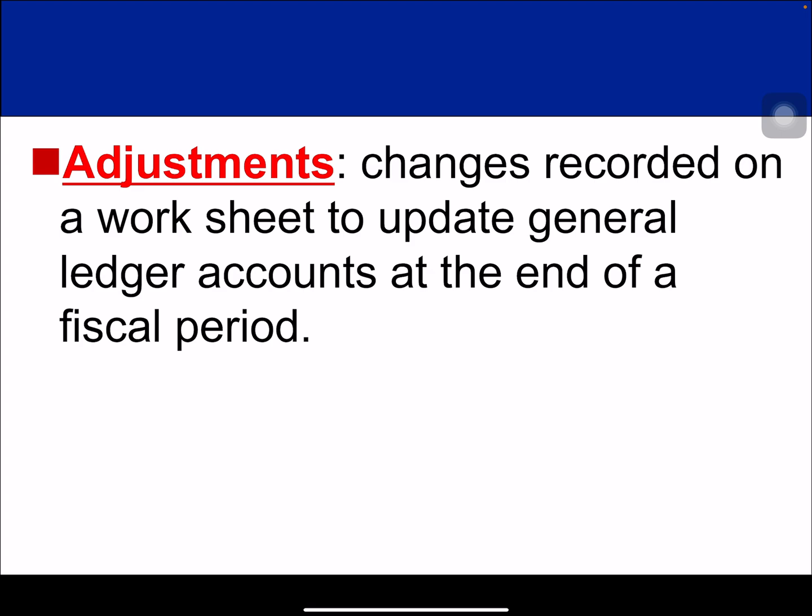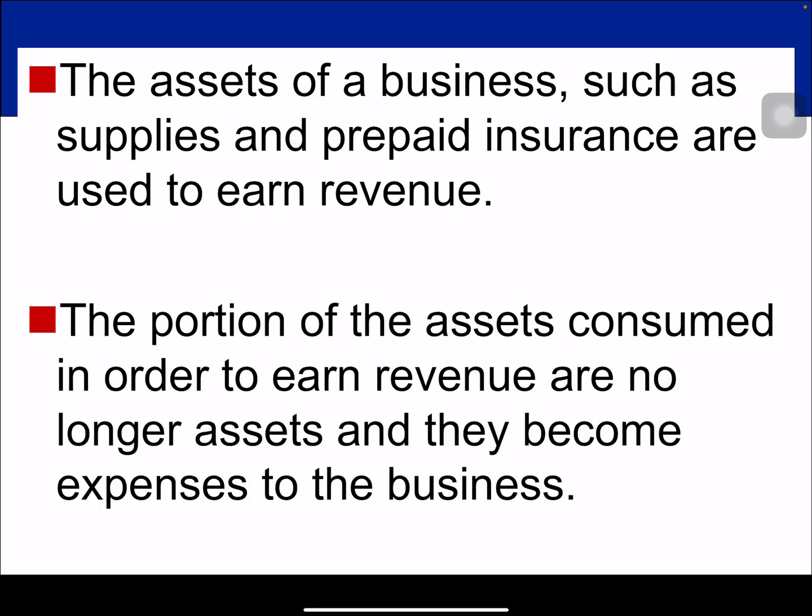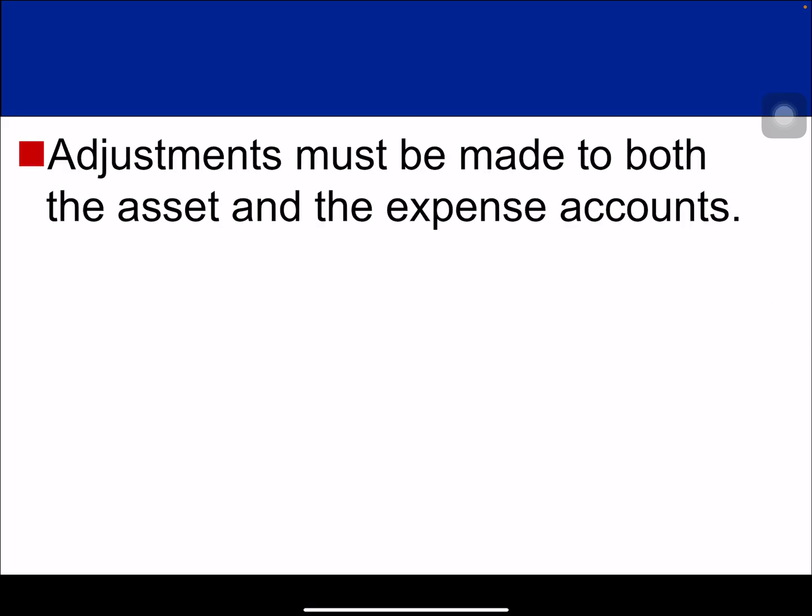Adjustments, a new term. These are changes recorded on a worksheet to update the general ledger accounts at the end of the fiscal period. The assets of the business, such as supplies and prepaid insurance, are used to earn revenue. The portion of the assets consumed or used up in order to earn this revenue are no longer assets and they become expenses to the business.